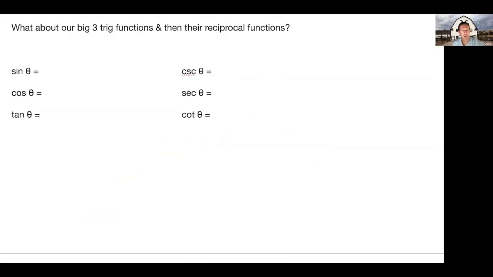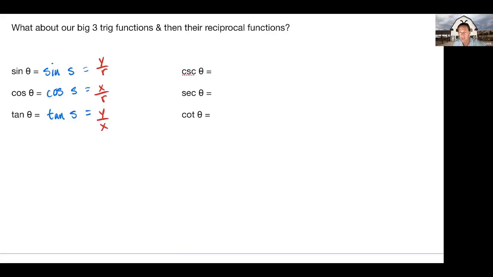So how could we write our big three and then their reciprocal functions in this format? Well, like we said, we could definitely write this as sine of S, cosine of S, or tangent of S. But what did all of those equal? Just like before, sine is equal to y over r, cosine was x over r, and tangent was y over x.